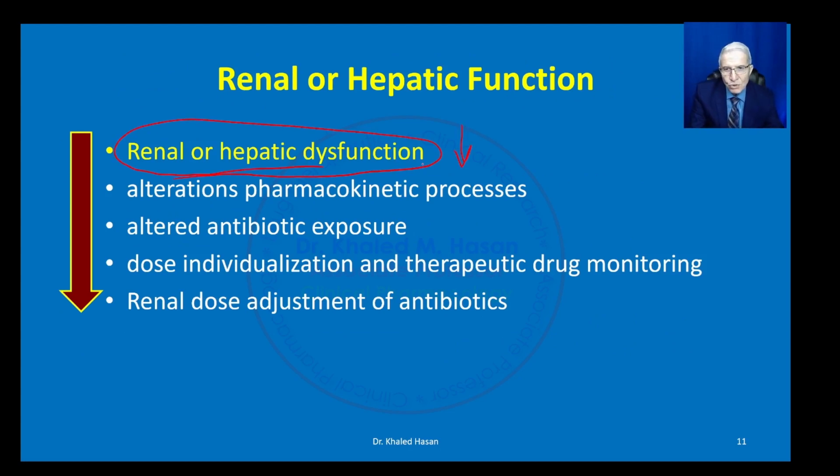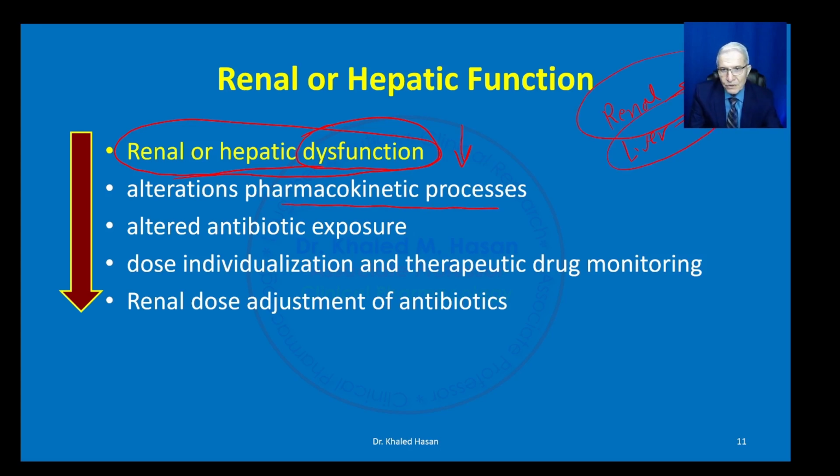We have alteration in the pharmacokinetics, because we know the kidney is responsible for elimination, while the liver is mainly responsible for metabolism. So if the patient suffers from dysfunction of renal or hepatic function, the result will be alteration of pharmacokinetic processes, meaning elimination or metabolism.